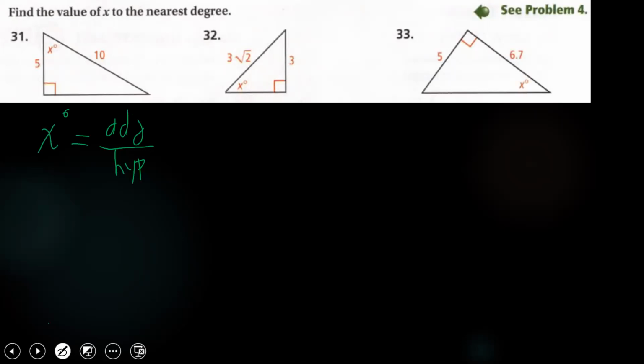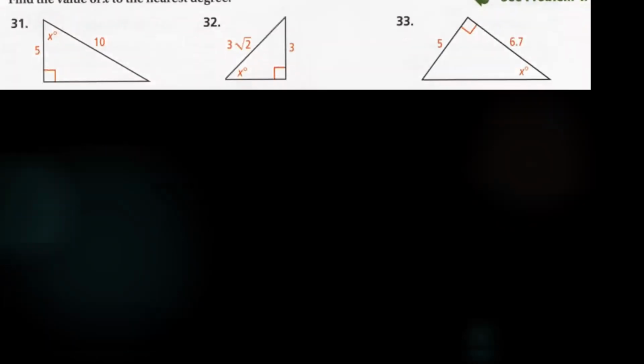Now, who can tell me what is the adjacent over hypotenuse? Cosine. So I will write here cosine. Cosine x is adjacent over hypotenuse. Then what is the adjacent? It is 5.